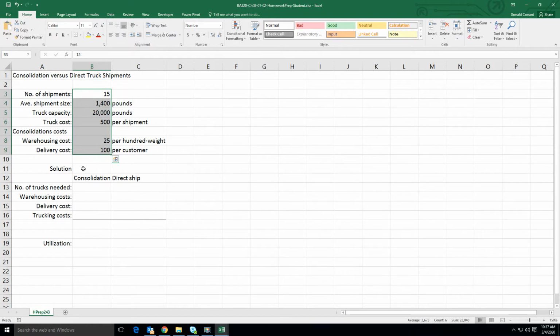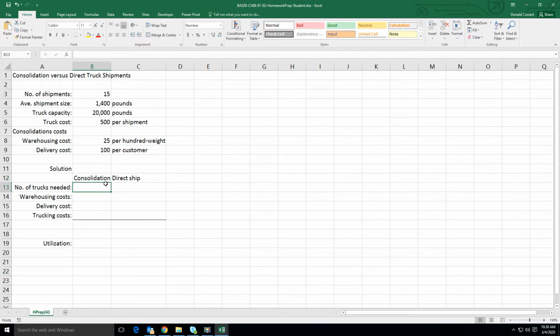Now we're going to go ahead and create the comparison table for consolidation and direct shipping. Look at our utilization values and try to make a determination about which way to go, either to consolidate shipments or to ship them directly.